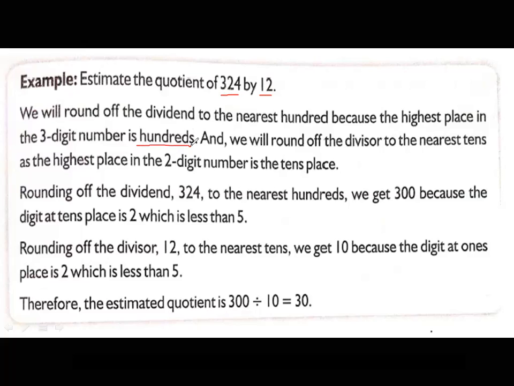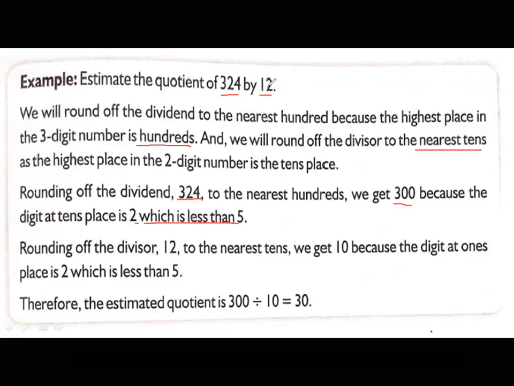While rounding off, the digit to the right, in the tens place, is 2. It is less than 5, so the number will be rounded down. So 324 is rounded to 300.